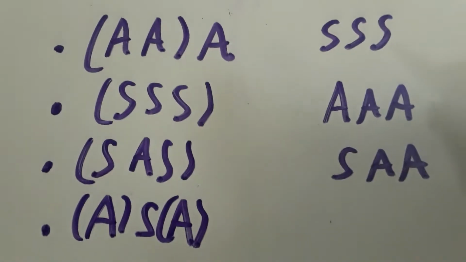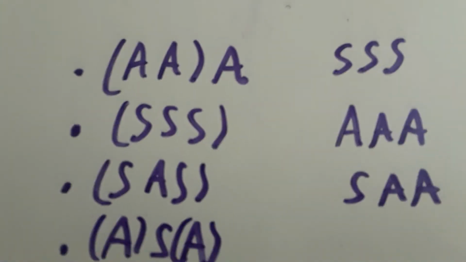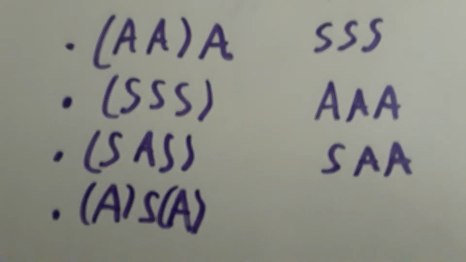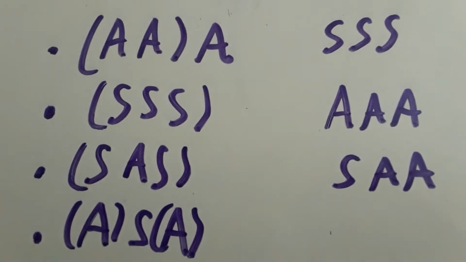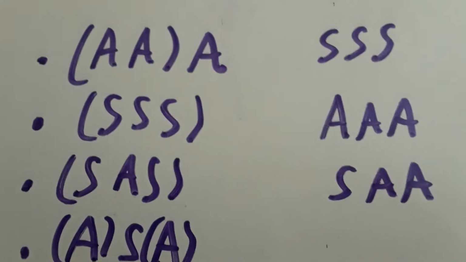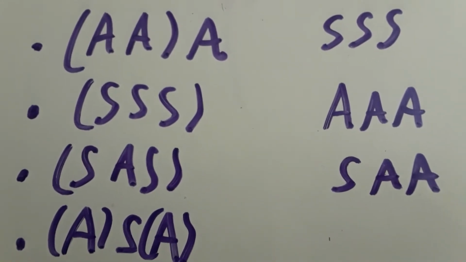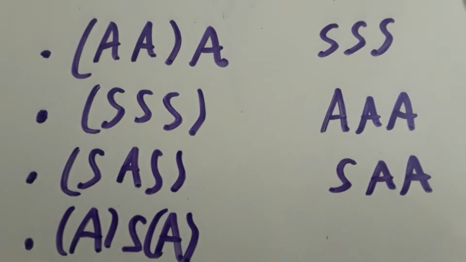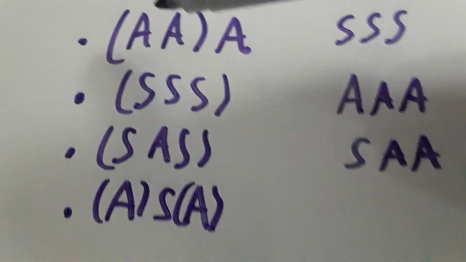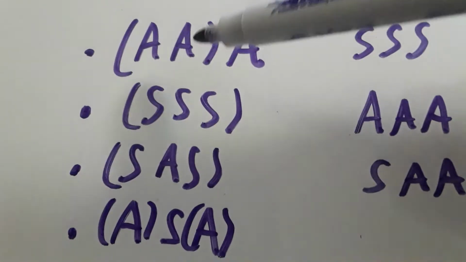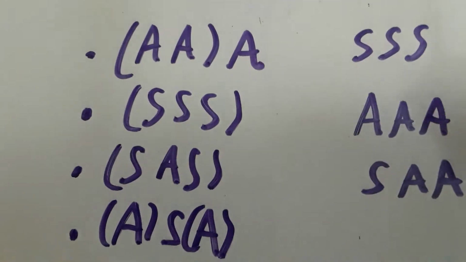Okay, so there you have it. You can see that it's a lot easier to prove triangular similarity. When you're dealing with polygons, you have to prove that all corresponding sides are proportional, and you also have to prove that all corresponding angles are equal. Whereas with a triangle, in the easiest case, if you prove that two corresponding angles are equal, either in AA or ASA, then the triangles are similar.